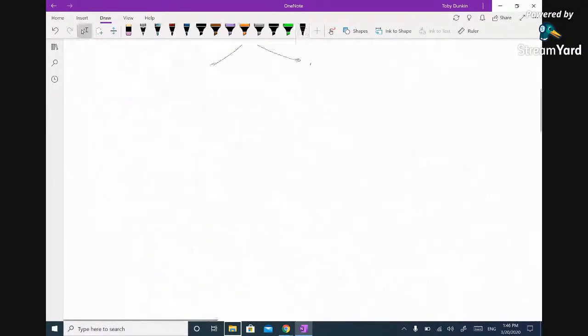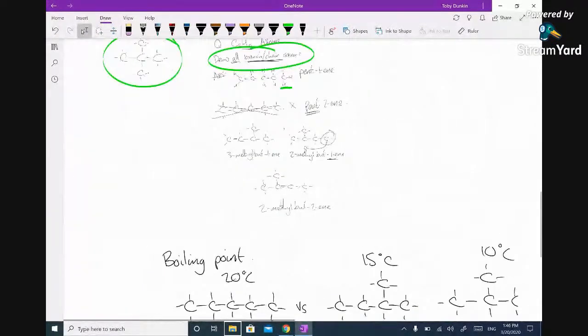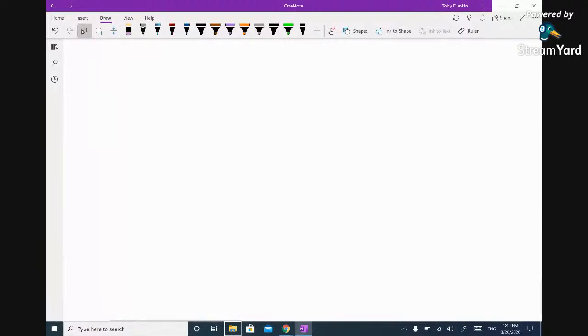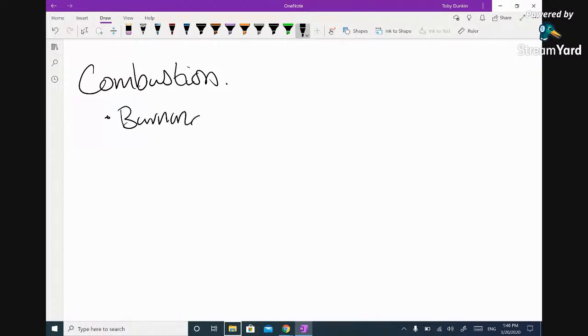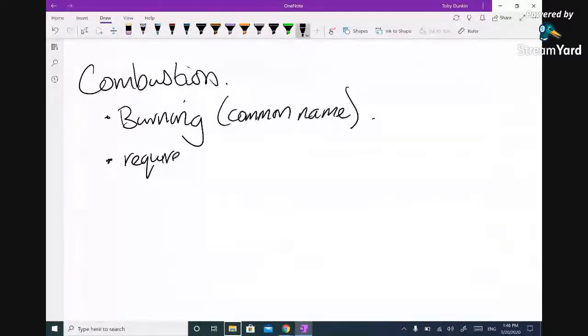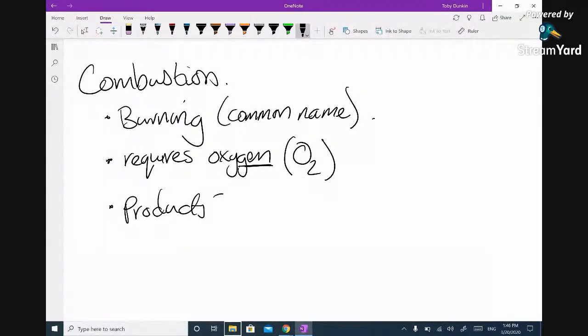Right. We now need to cover combustion. And again, heavy GCSE. Okay, so subtitle of combustion. So we know number 1, burning, the common name. Number 2, requires oxygen. Remember, any element ending in gen or ene is therefore O2. And our products. So, question mark. So what products are we going to get?